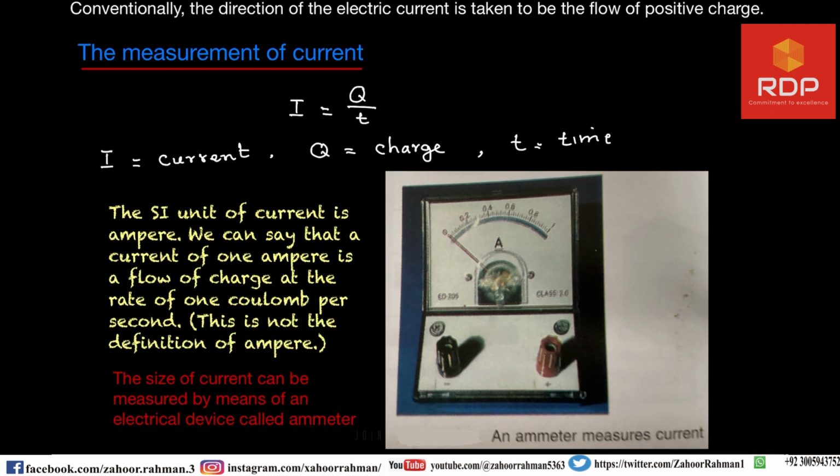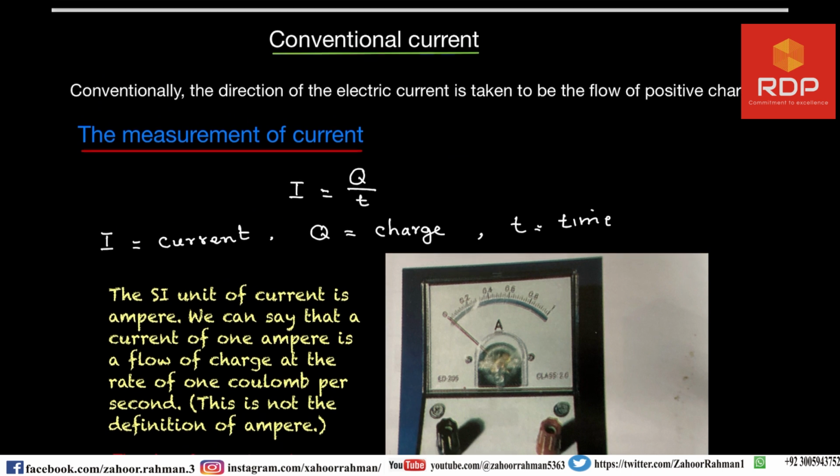Remember that conventional current is due to the flow of positive charge. But nowadays we are taking the opposite of it, and that is the flow of negative charge is called current.